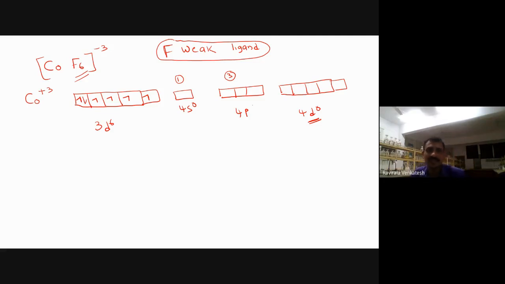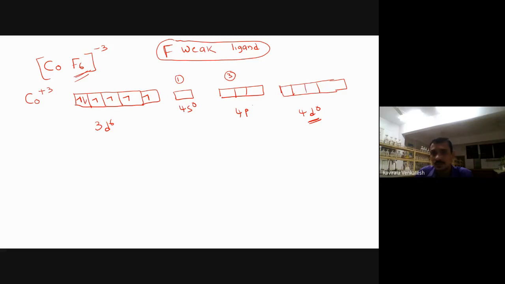For example, if there were 4 ligands, we wouldn't need to take the 4d orbital, because 4 ligands can be accommodated here. But here there are 6 ligands, so compulsorily I need to take the 4d orbital.